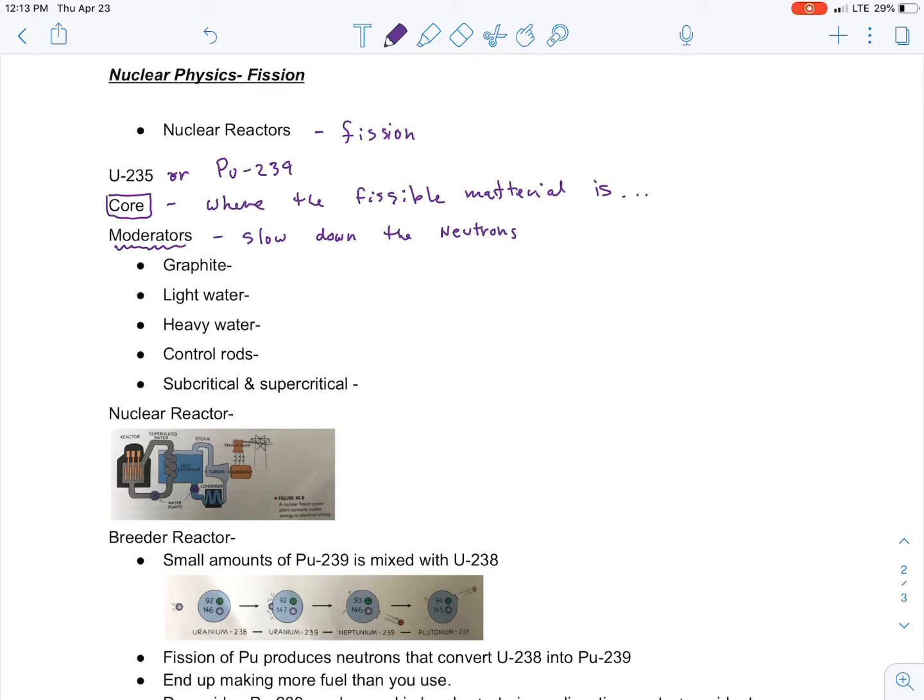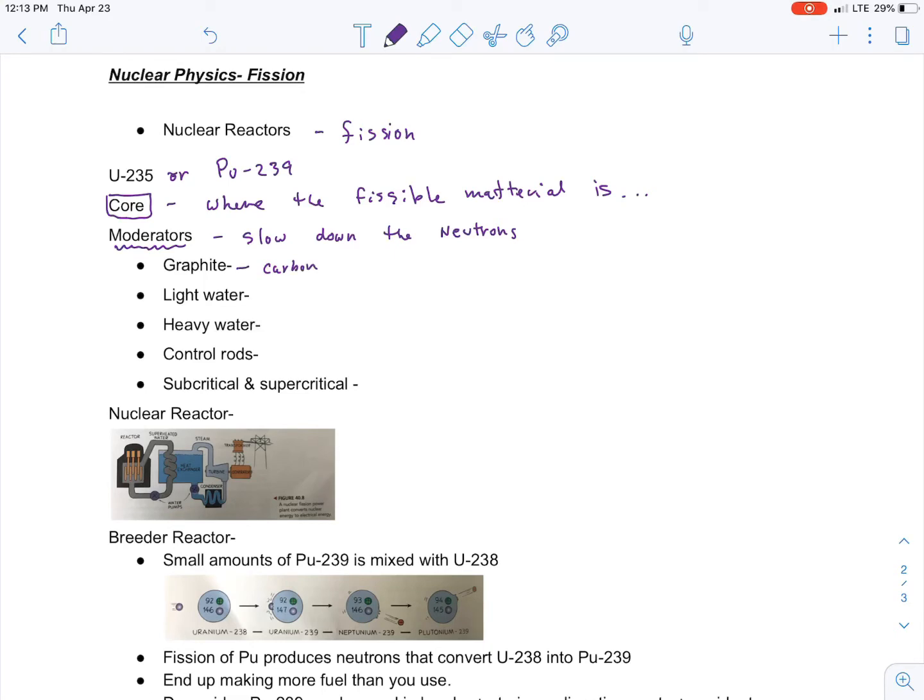Okay, there's a few different moderators. The original one they used for the first reactor was graphite, big blocks of graphite. And graphite's just a form of carbon, the same carbon you use in your pencils, and it slows down the neutrons. All right, so that's made out of carbon.